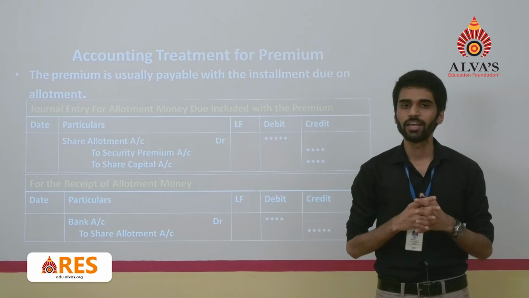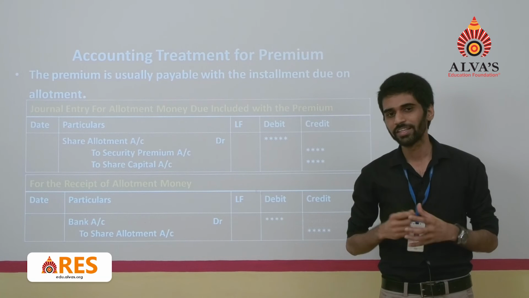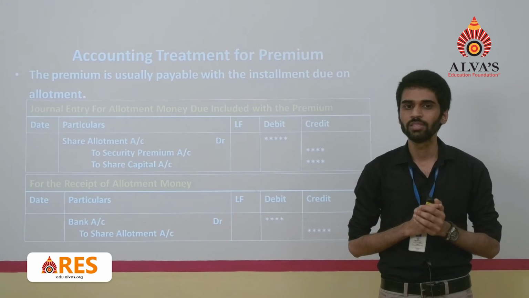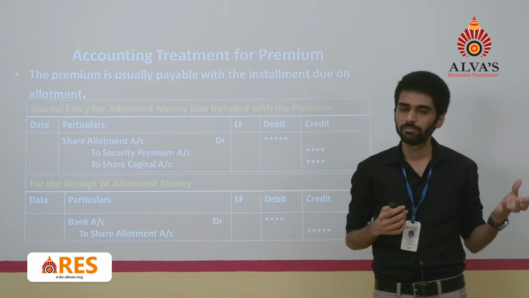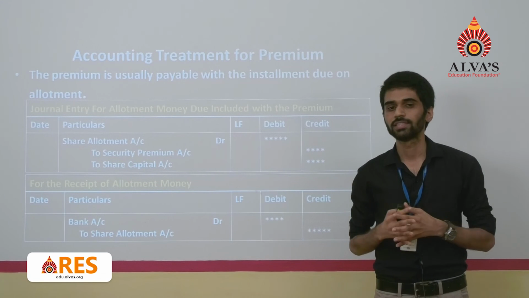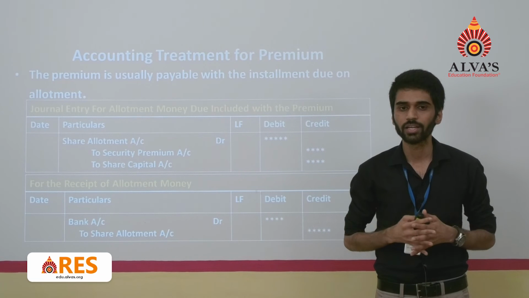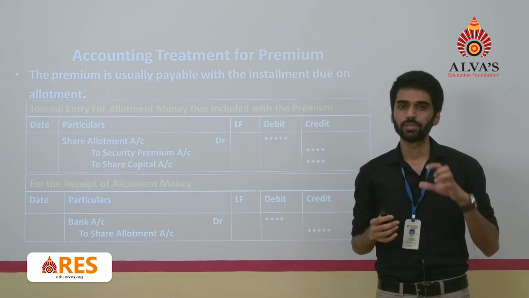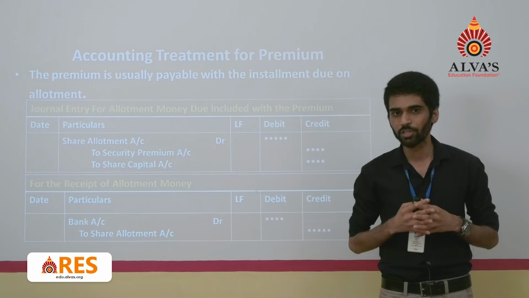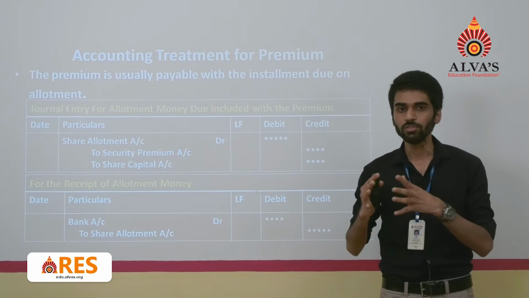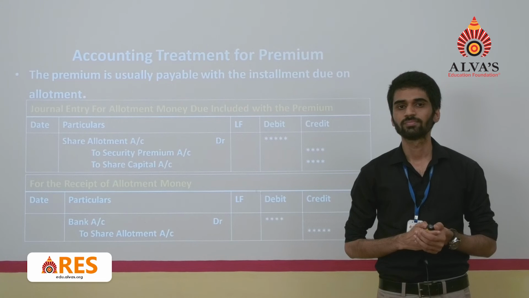And for the receipt of the allotment money, we combine all the amounts. There is no separate provision for the securities premium as usual. We pass the same entry, that is bank account debit to share allotment account. So, for the case of premium, what is the entry we are going to pass? Share allotment account debit, to securities premium account, to share capital account.